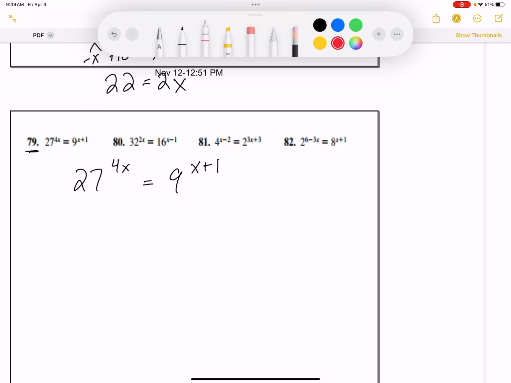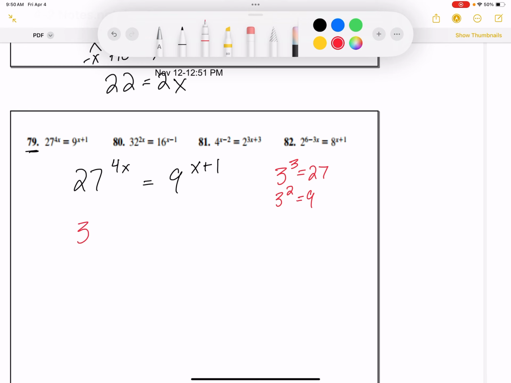No, I can, but not a regular power. It would be like a half power or a decimal power, which I don't want to get into because that's confusing. But I do know 27 is 3 cubed and 9 is 3 squared. Ooh, so 3 is my link here. You should see that that's both powers of 3.